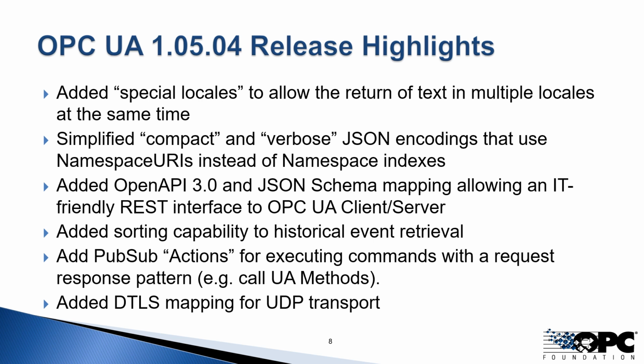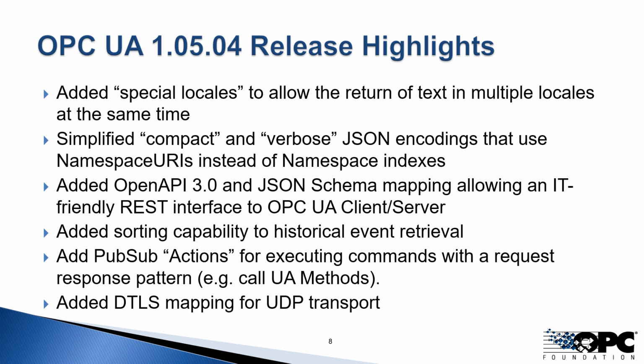We've also simplified and improved our JSON encodings, and we've got this down to where we have 2 encodings, one compact and one verbose. One is built on the other. The verbose has a few more things than the compact encoding, but otherwise they are identical. And a major simplification we've done with the JSON encodings is they use namespace URIs instead of namespace indexes.